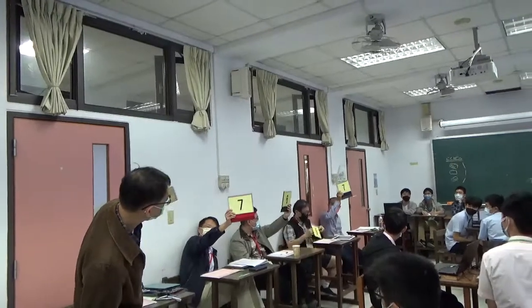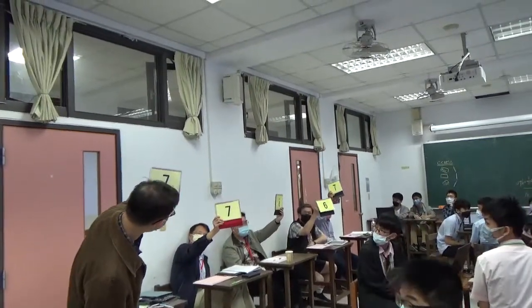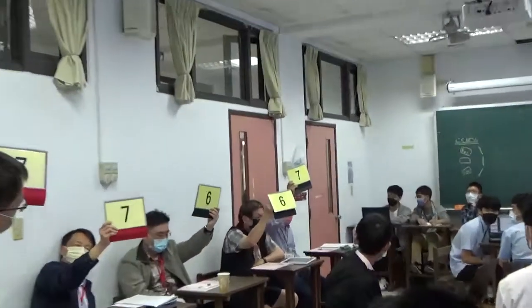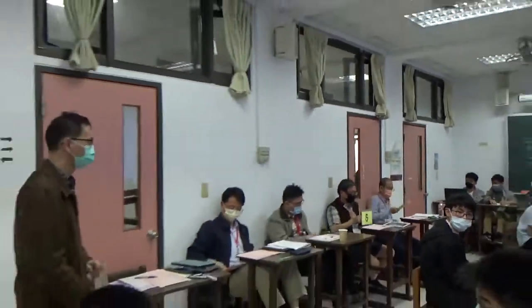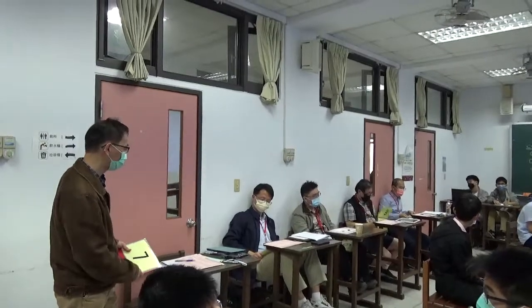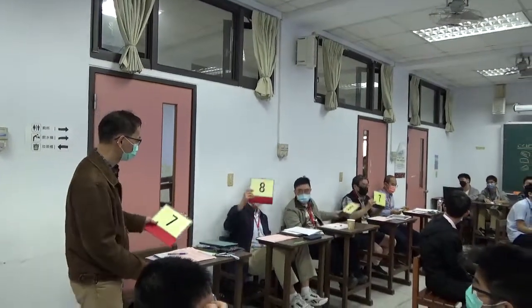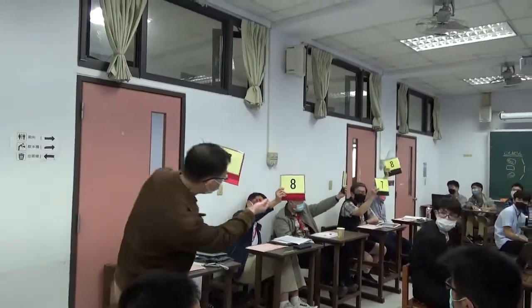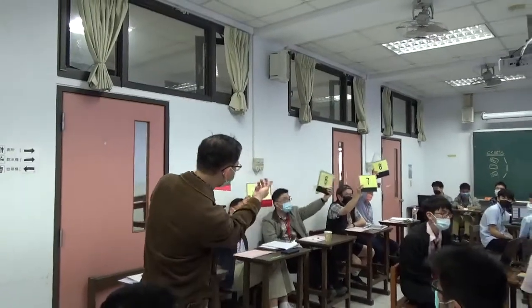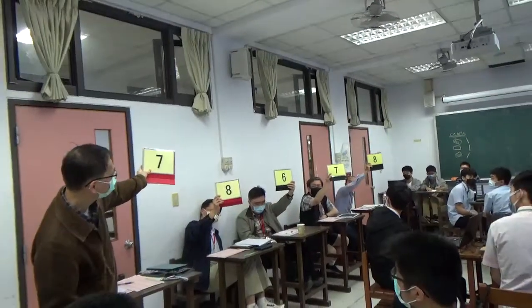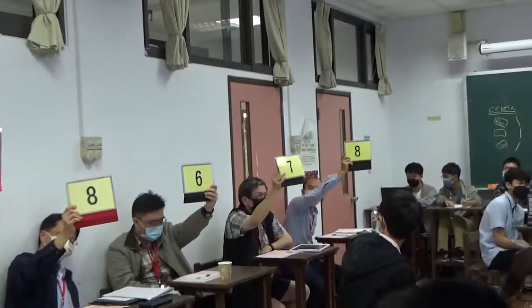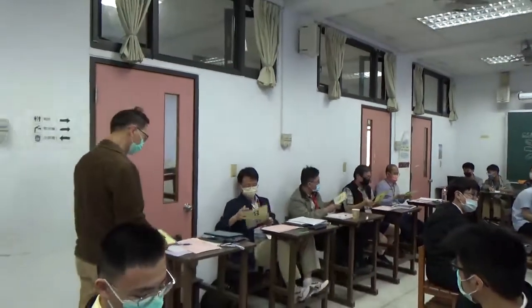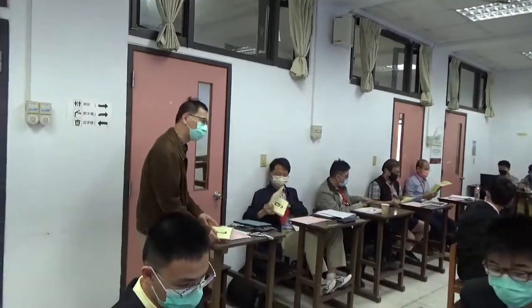The scores are 7, 7, 6, 6, 7. And then finally we show the score for the reviewer. Professor Gao, could you turn this way? Yeah. 7, 8, 6, 7, 8. Okay. So we have another 10 minutes for a break.